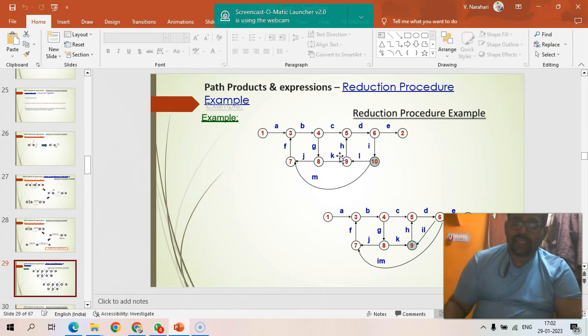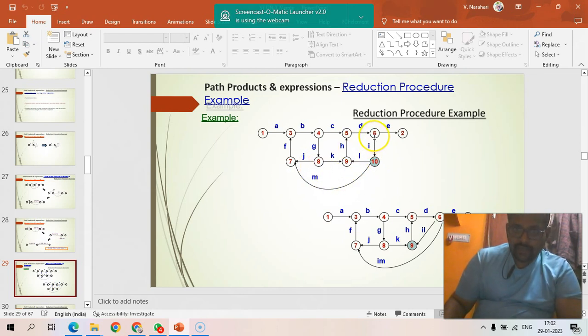First of all, we have to select one node which we want to remove. Before removing that node, we have to check whether there are any serial links, parallel links, or loops. According to the procedure, we need to apply the method. See here, I am selecting node 10. There is a link from 6 to 10 as well as 10 to 9 and 10 to 7.